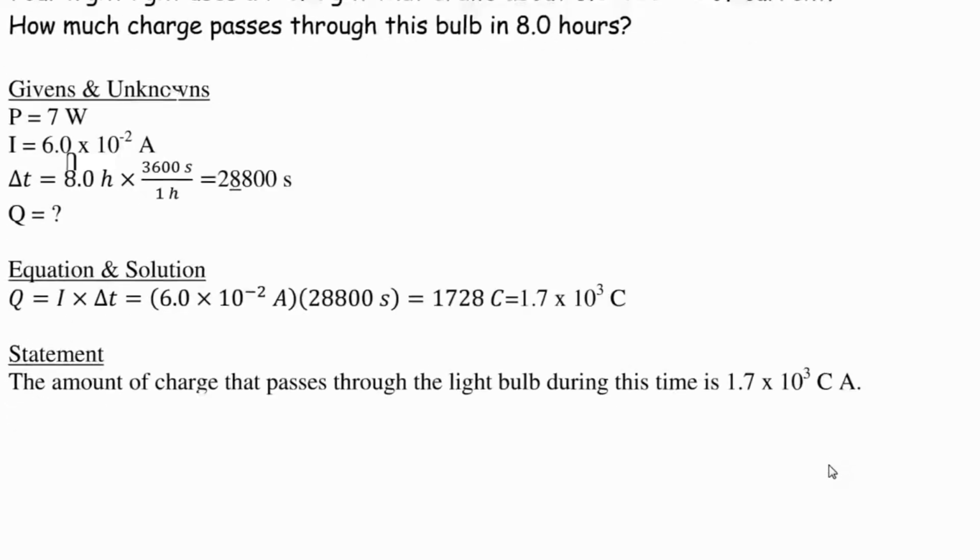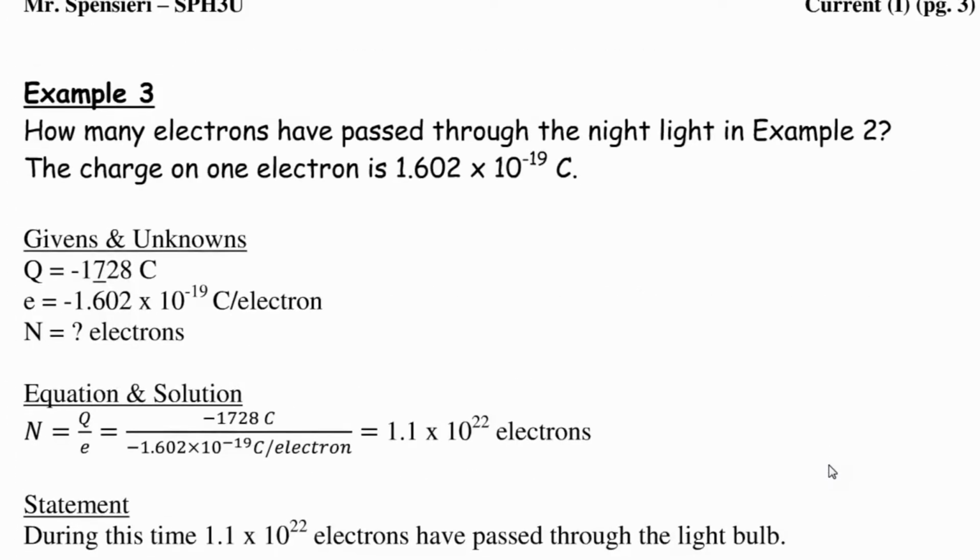Example 3 is a continuation of example 2. In this question, we are asked to solve for how many electrons have passed through the night light with the same given charge and the same time and current.